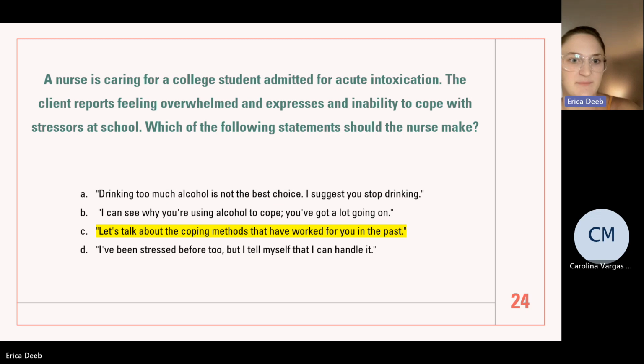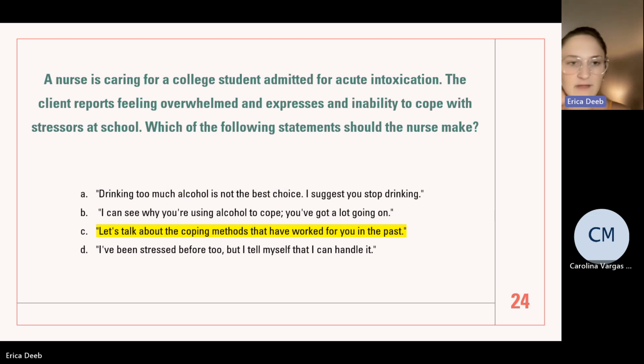D, I've been stressed before too. Nope. You kind of want to not pick the ones that have an I in them. That would not be a good one. I tell myself I can handle it. That's not therapeutic. We're just saying, oh, you're not able to handle it. You need alcohol.